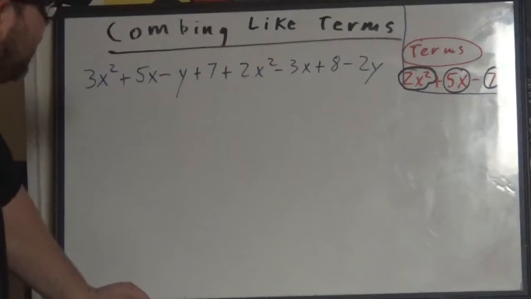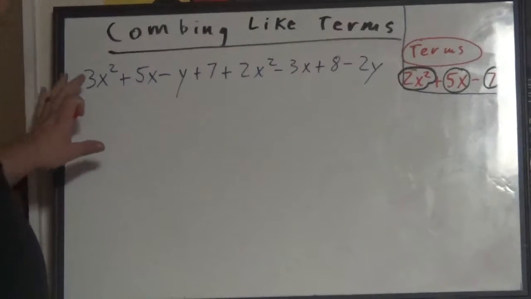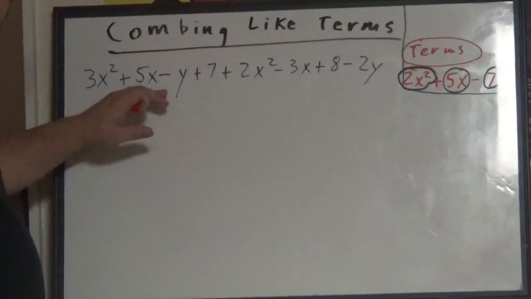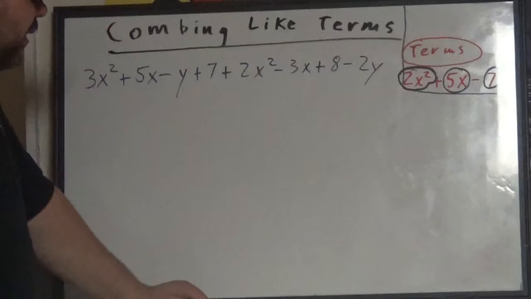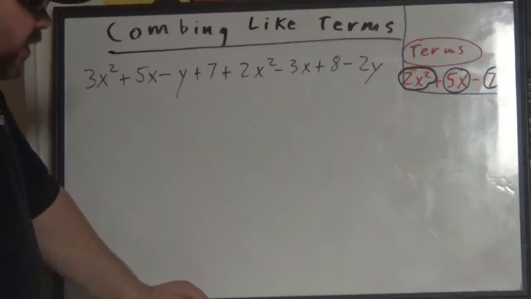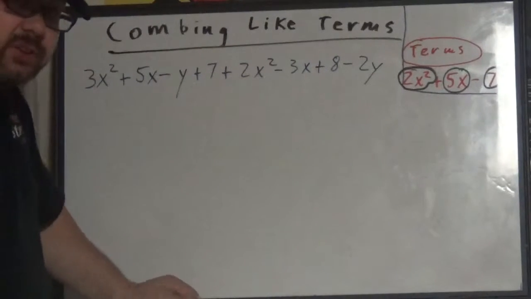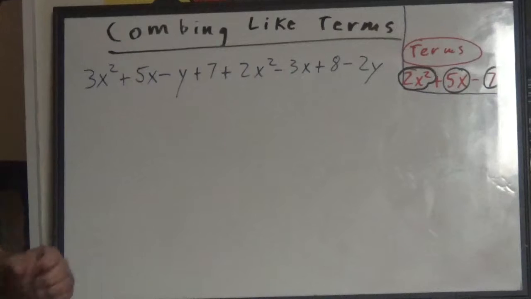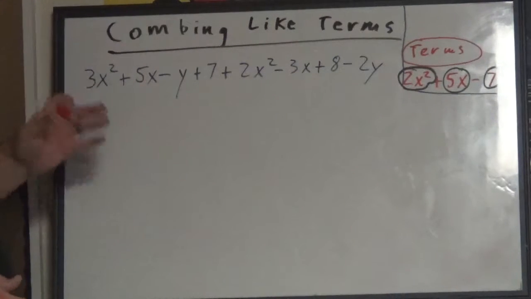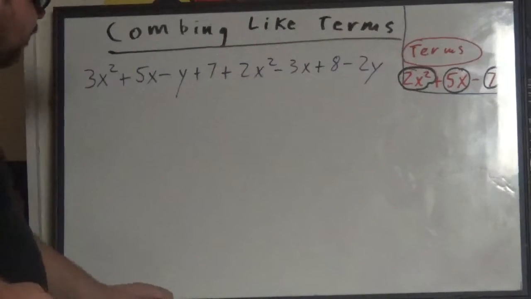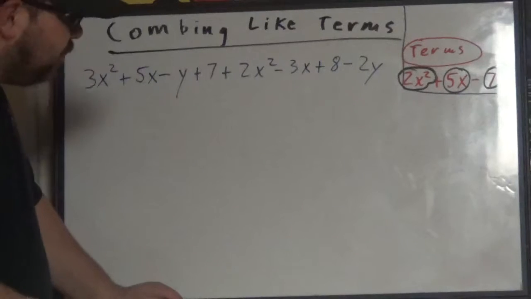But if you look at this, you'll see that each term has something about it that is different from at least most of the others. Combining like terms is just what it sounds like. It's taking terms which are alike and adding them together, or subtracting.